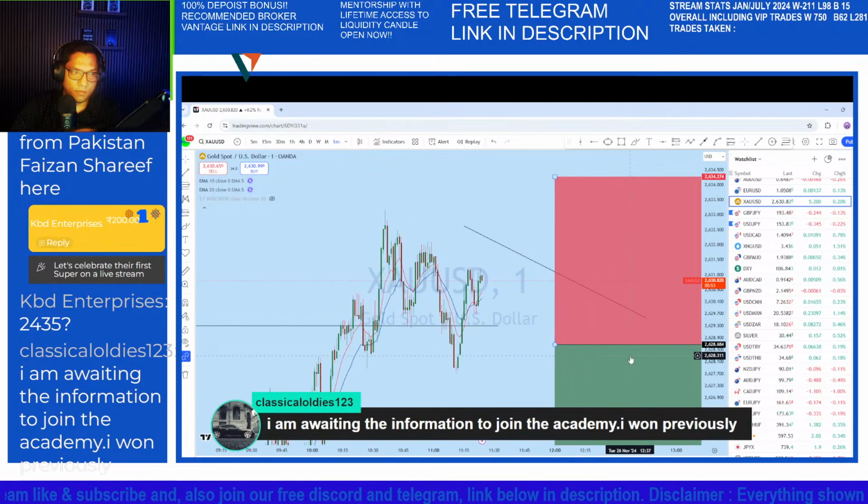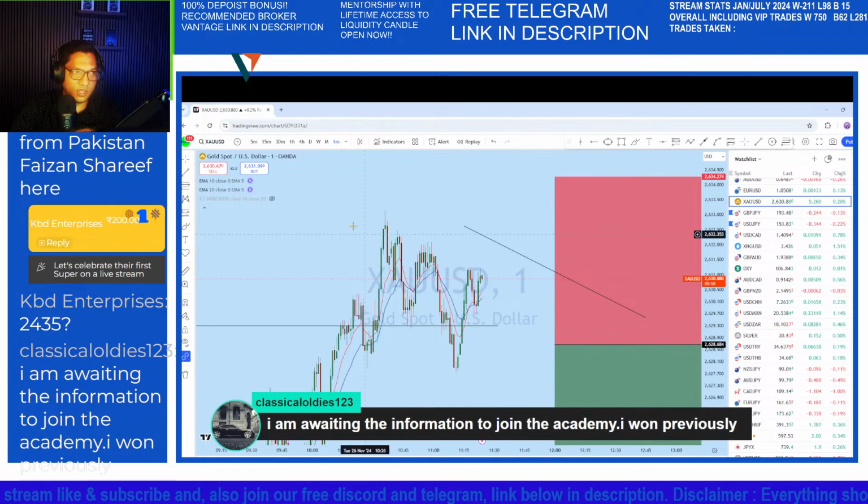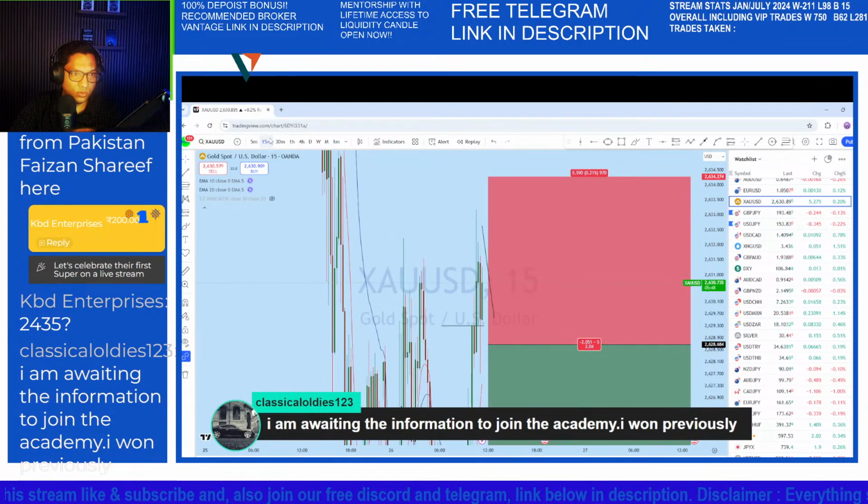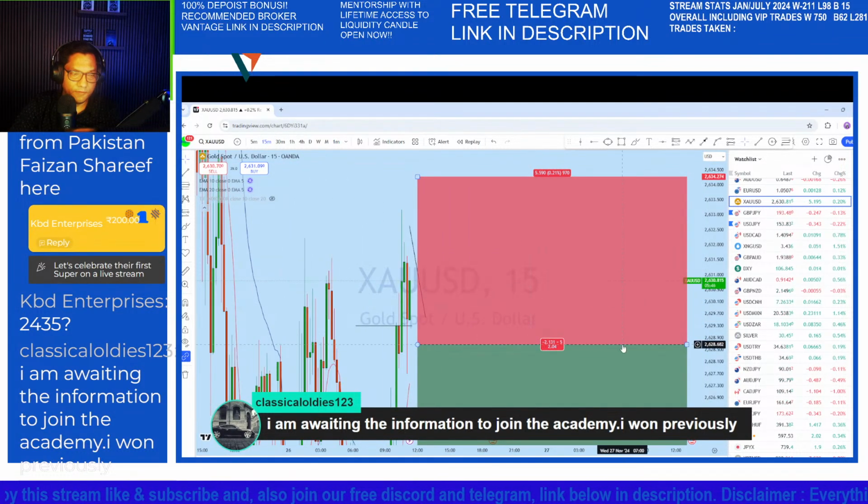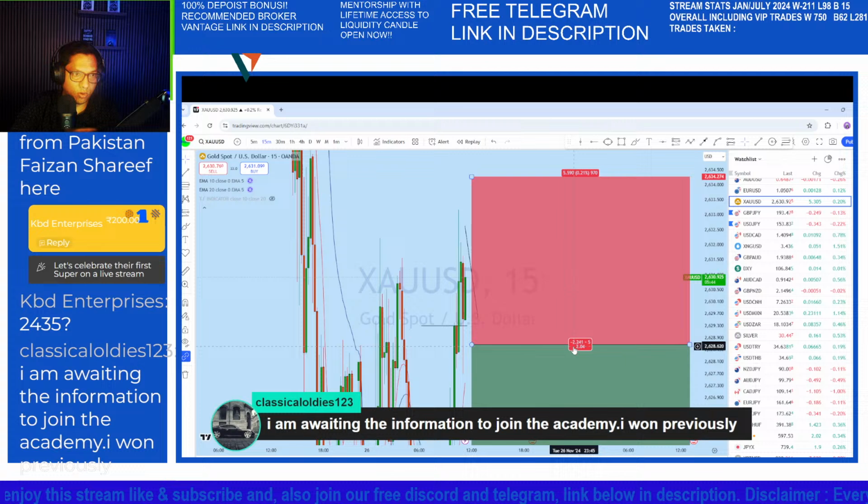So the structure here is trying to bounce, but I think before this 15 minutes candle closes, you can expect a weak fill here.